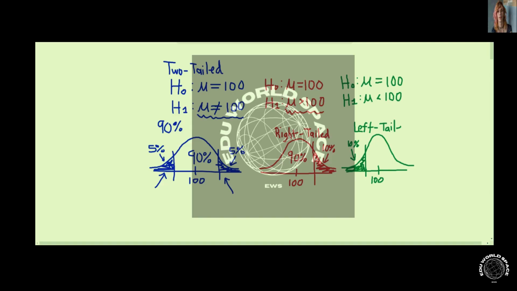Again, these are entirely dependent upon the hypotheses that you choose, and it will just depend on the situation, what it is that you're trying to prove. So these are both one-tailed tests.